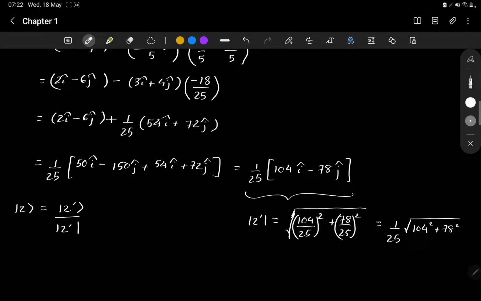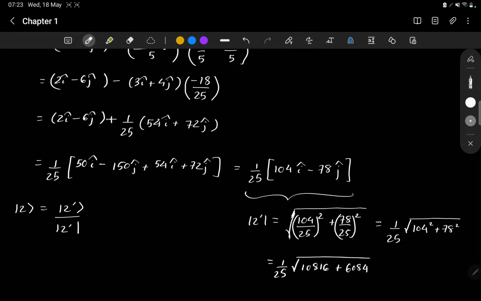I do not want to find out the square root. This arithmetic you can do by calculator. Okay, let us see in the calculator. Let me bring my calculator. So this is the square root of 104 squared, this number. 78 squared is this.